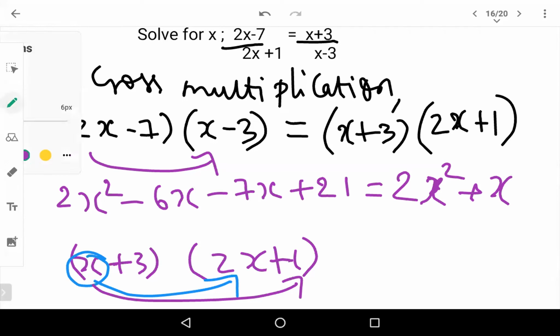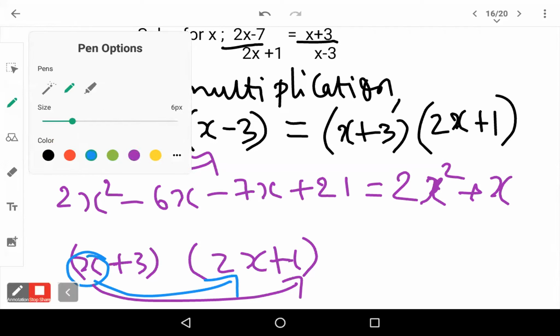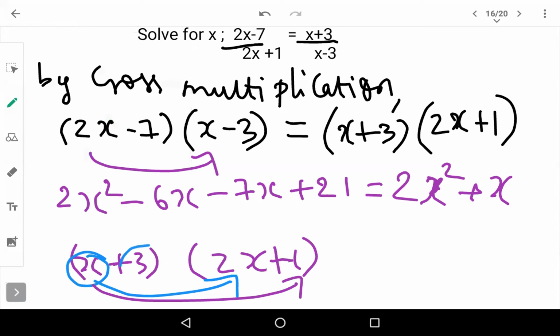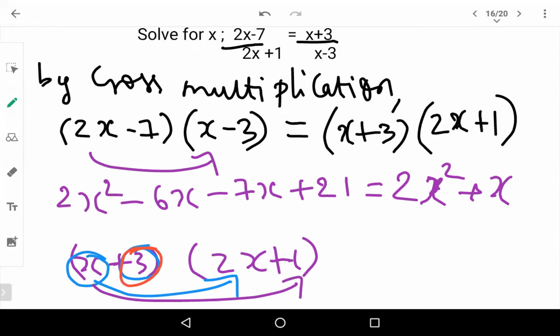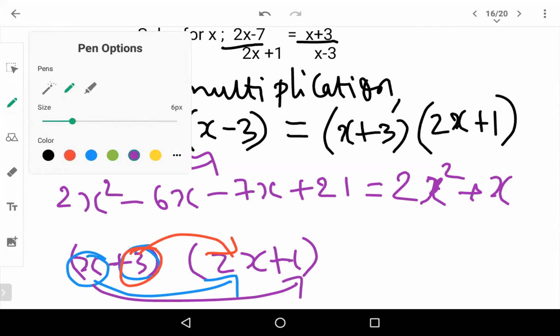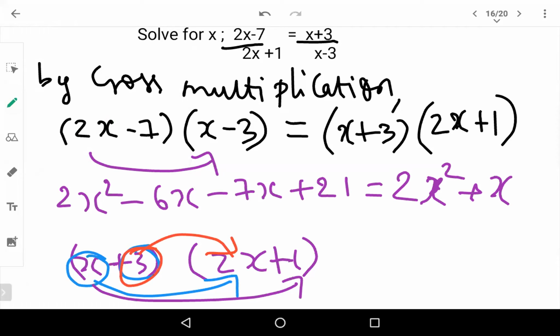Okay. Now, next expression. I have 3. So let me choose another color. Now for this 3, I am supposed to multiply it with 2x. 3 into 2x. What do I get? 3 into 2x, plus 3 2s are 6, 6x. Correct?